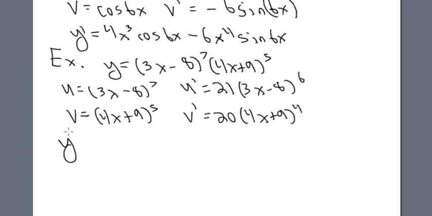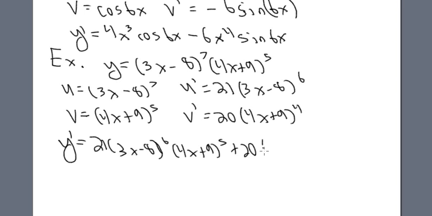So y prime equals u prime v. So this and this, 21, 3x minus 8, whoops, 6, 4x plus 9 to the 5th, and then u v prime plus 20 on the front, 3x minus 8 to the 7th, 4x plus 9 to the 4th.